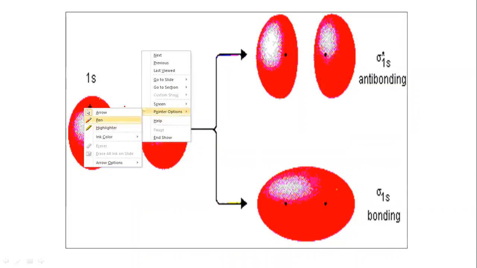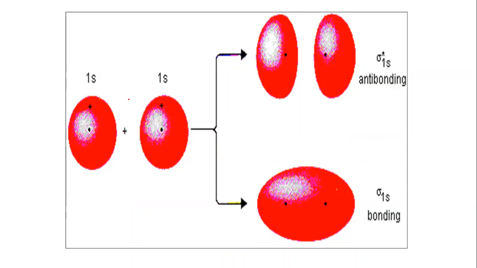Now, how does that 1s atomic orbital overlap with another 1s atomic orbital? You can see here in this diagram. This is a 1s atomic orbital carrying the positive sign. This is another 1s atomic orbital carrying the positive sign. And two molecular orbitals are formed, one bonding and another antibonding.